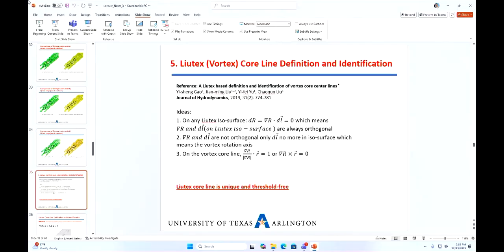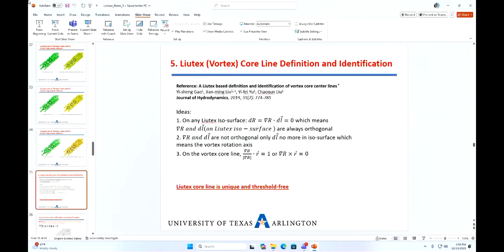But the isosurface, in general, is orthogonal, and dL is orthogonal. When we talk about the gradient of R, on the isosurface we know R is constant.